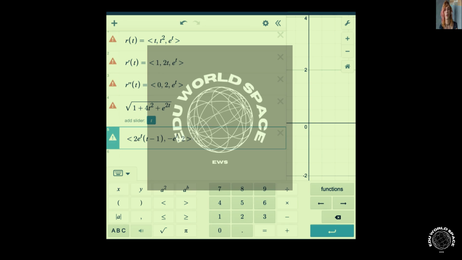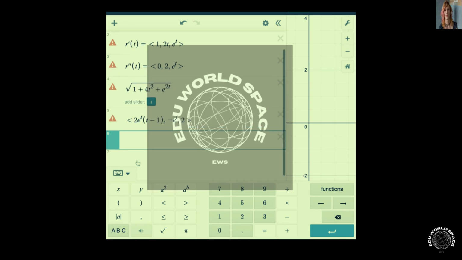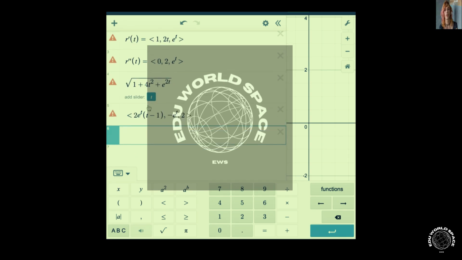Now we need to find the magnitude of this cross product. So once we find the magnitude of the cross product, we see that that is going to be all these terms squared and added together.